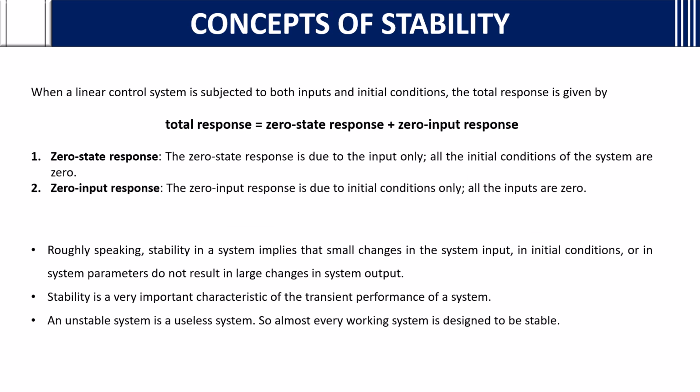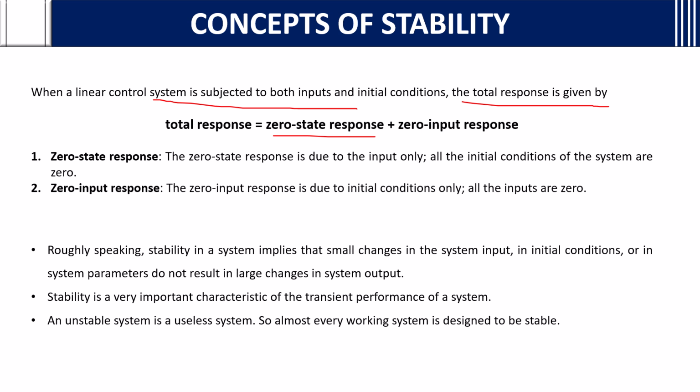Under the concepts of stability, first we will study: when a linear control system is subjected to both inputs and initial conditions, the total response is given by what? Zero state response and zero input response.